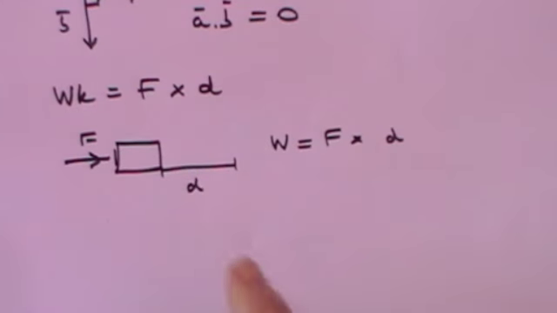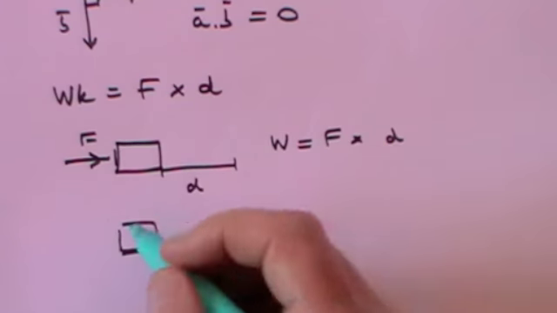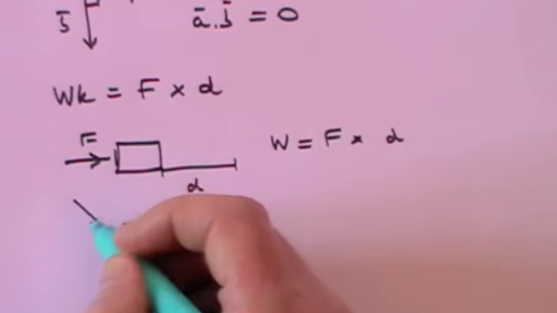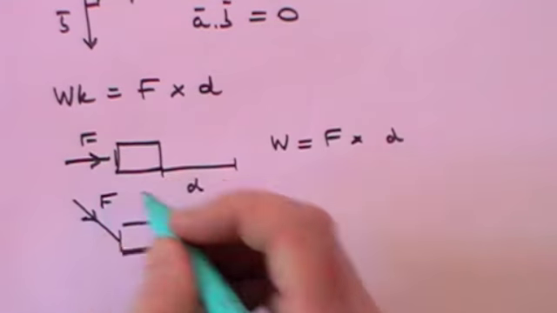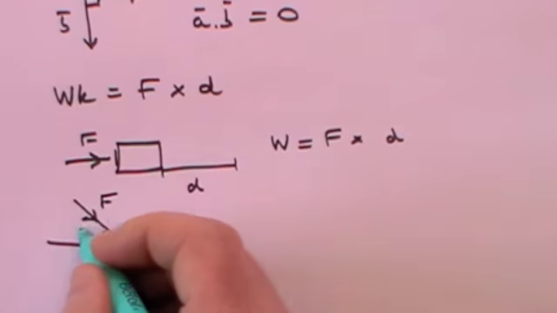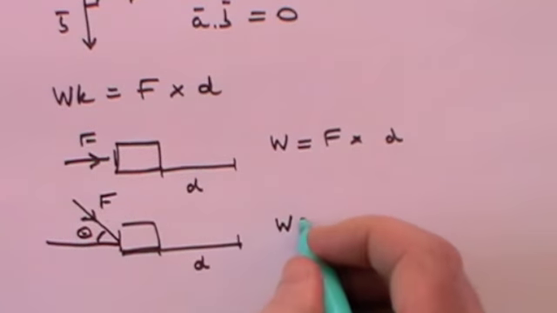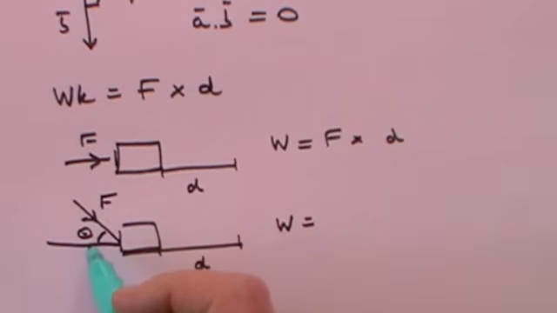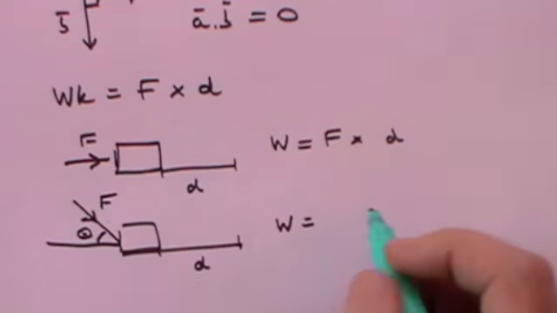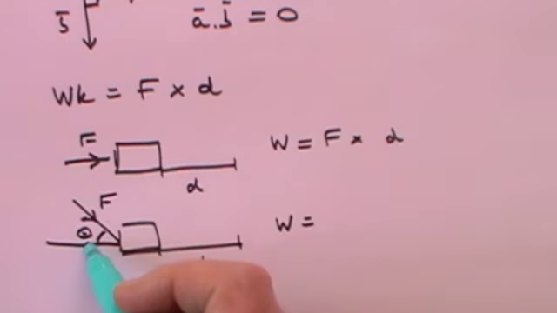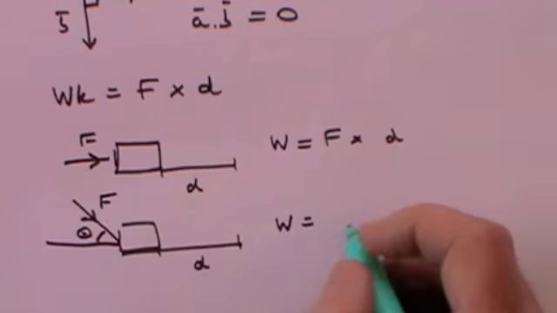But then when you get a bit more advanced, you say if you take the same block and you move it through the same distance d, but this time you apply the force at an angle theta to the direction of movement, then the work is going to be the component of the force in the direction that you're moving, and the component in this direction is going to be F cos theta.